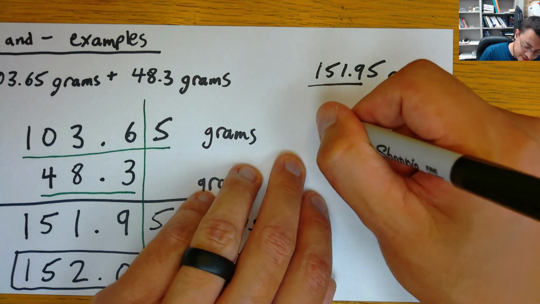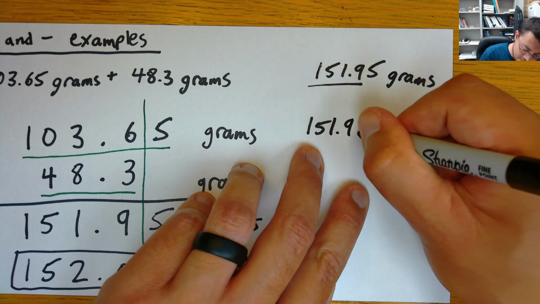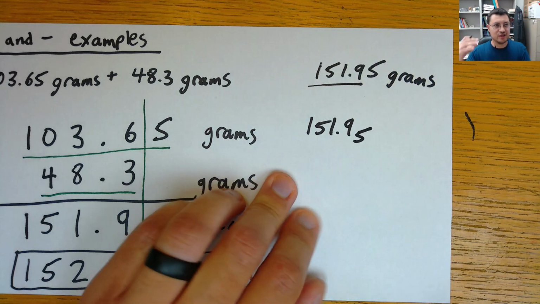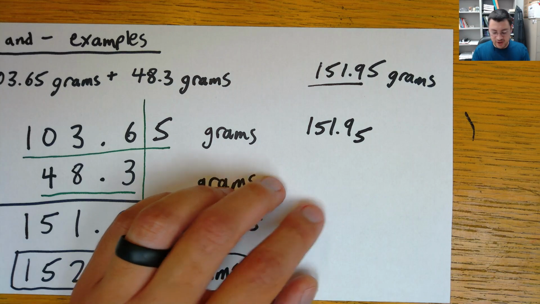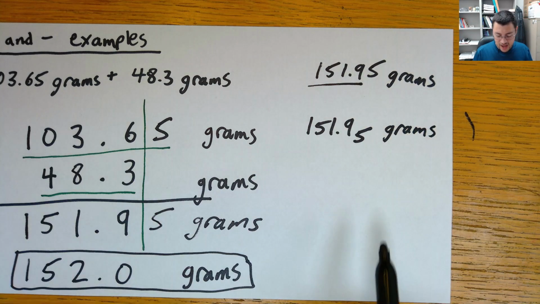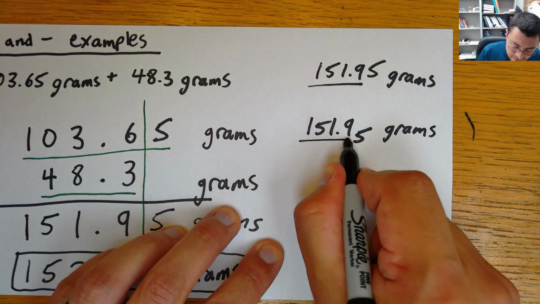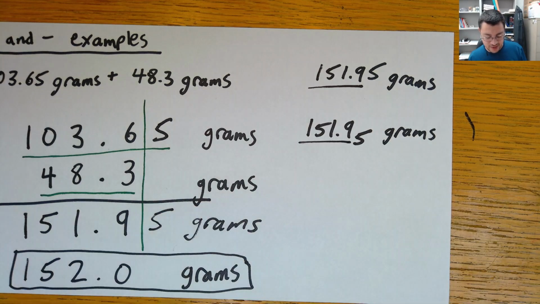Another thing I see sometimes is 151.9, and then maybe people will write that 5 lower as a subscript, and that way they're telling people that I'm just carrying that to minimize rounding errors for future calculations down the road, but it's actually not significant. Or you can just even combine the techniques. Okay.